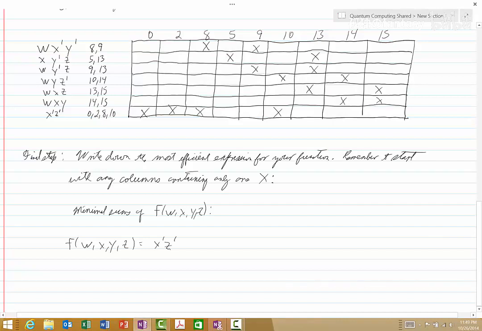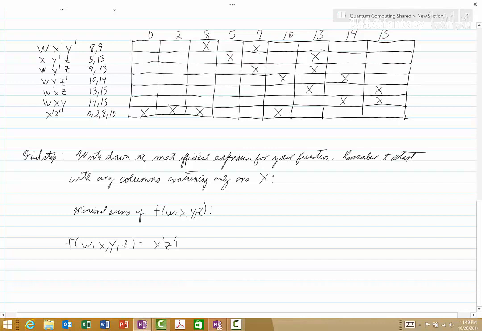We start with that. Now, by including that term to begin with, we have taken care of the 0 term, and the 2 term, and the 8 term, and the 10 term. So we don't have to worry about those terms in their original function at all.